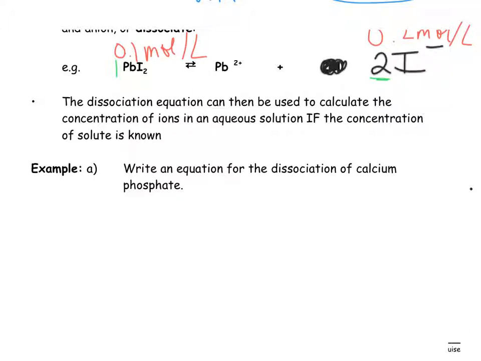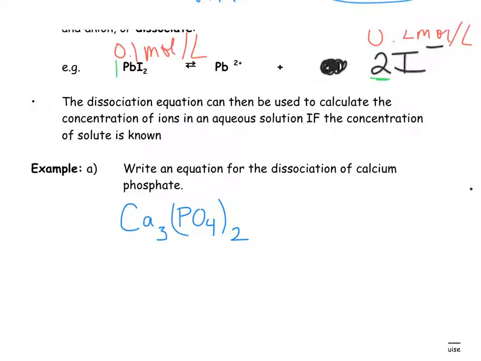Okay, so the key to getting this done properly is to ensure that you are getting the formula for calcium phosphate written out properly. So I know calcium phosphate has the formula Ca3(PO4)2, and that is because calcium has a 2+ ionic charge, and phosphate, the phosphate polyatomic ion, has a 3- charge.